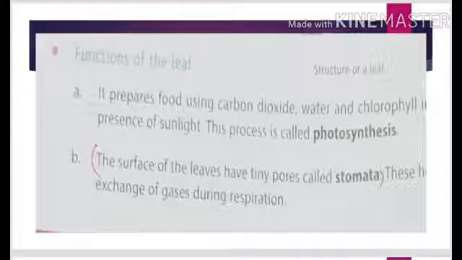Now the second function, as you have already studied in your 5th class, is that the surface of the leaves has tiny pores called stomata. These stomata help in the exchange of gases like oxygen and carbon dioxide, and they also help in the removal of excess water from the plant.